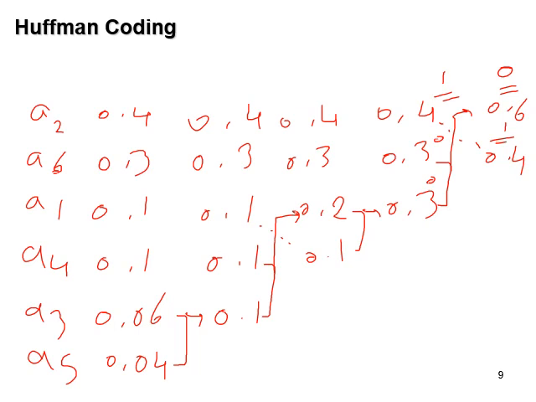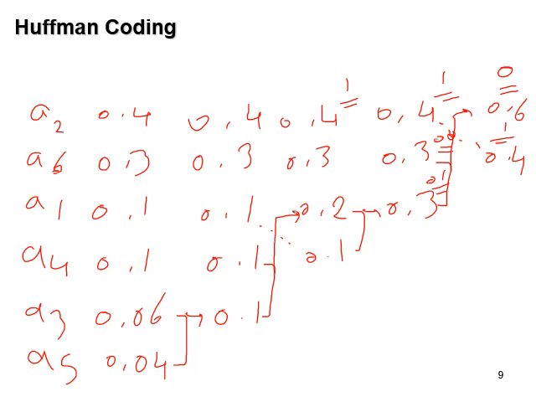Now to differentiate between the 0.3 and the other 0.3, we add one more bit. So this would be 0, 0, and this would be 0, 1. So this is now the code for the 0.3, and this is the code for the other 0.3: 0, 0, and 0, 1. And then when we go back one more time, the 0.4 is the same as the 0.4 in the previous level. So here the code is 1.